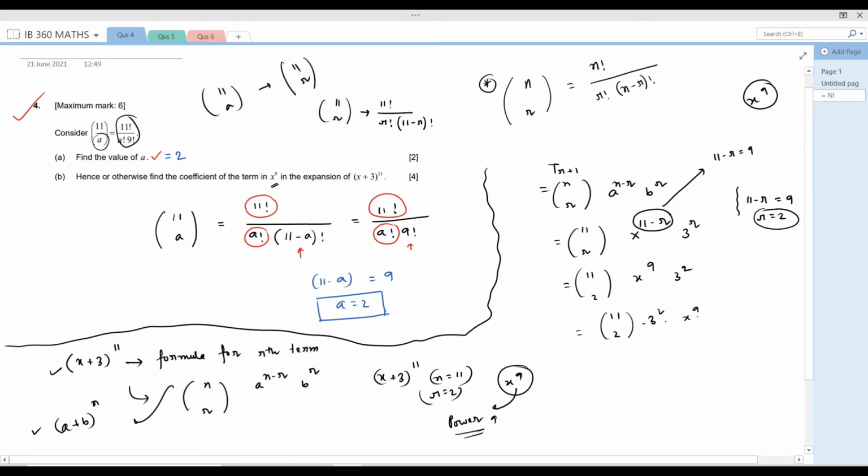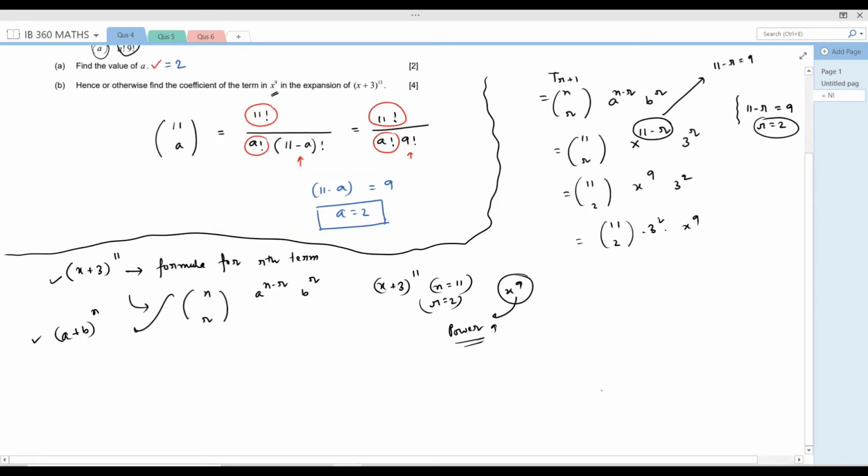Now how will we find out the value of 11C2? This is the formula that we need to apply, that is 11 factorial over 2 factorial into 9 factorial. The calculation will be 9 factorial into 10 into 11 divided by 2 factorial into 9 factorial. So in 11 factorial we have divided it into 9 factorial into 10 into 11, so we are cancelling out this.